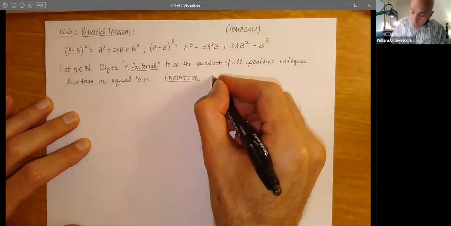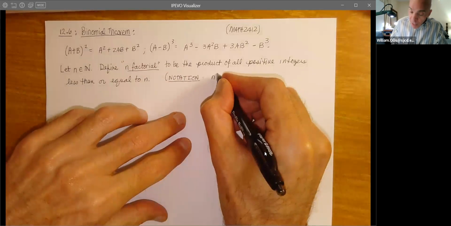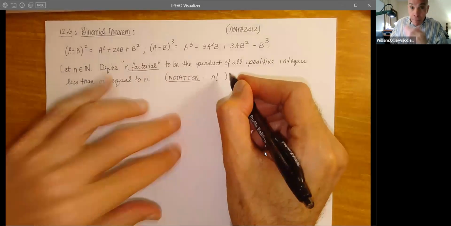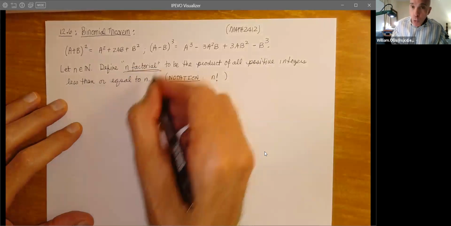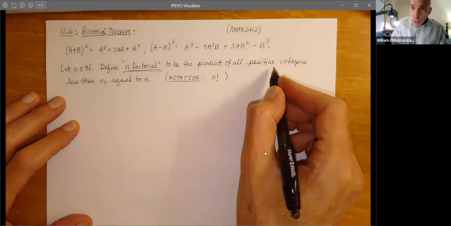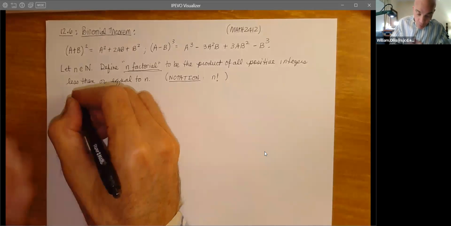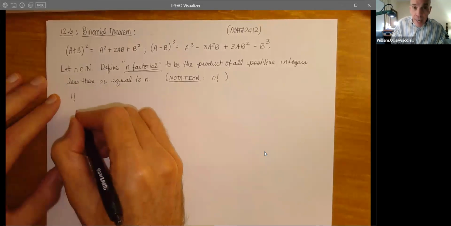The notation for n factorial is n, and what we basically use in English as an exclamation point. So we say n factorial.